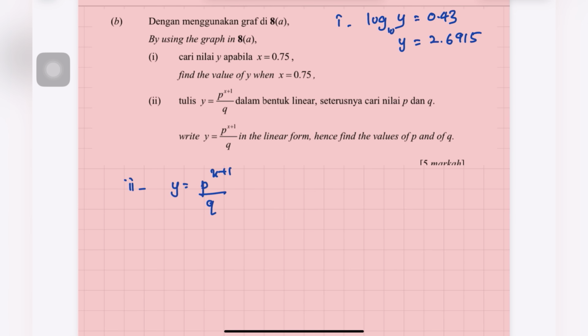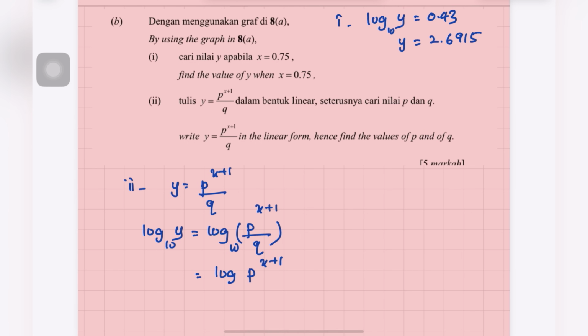We have to log both sides with log base 10. So log y base 10 equals log of p power of x plus 1 over q, base 10. By using laws of logarithm, division becomes subtraction. So log p power of x plus 1 minus log q, all base 10.